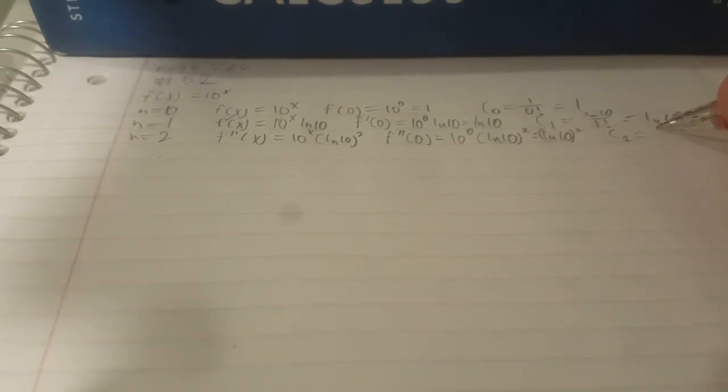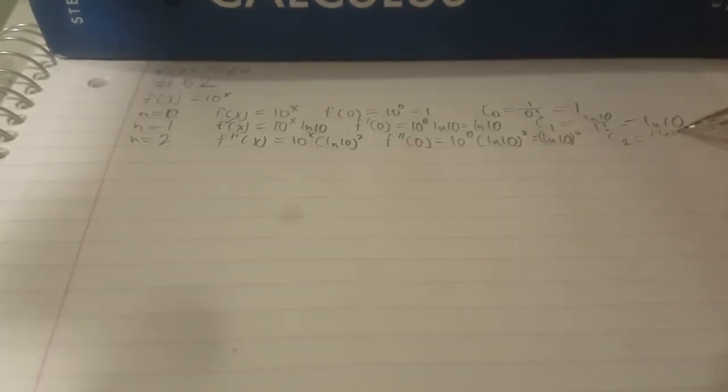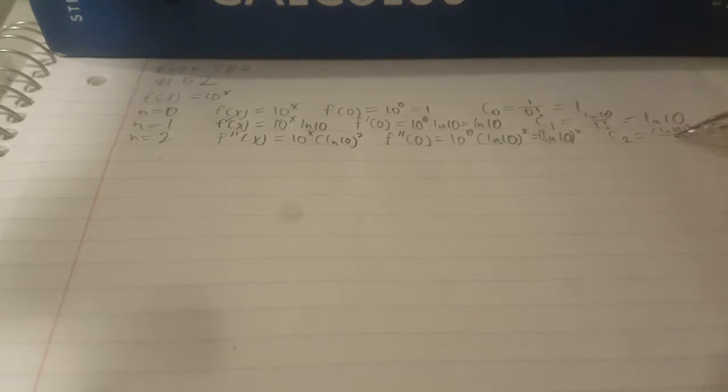C2 would then equal ln 10 squared over 2 factorial, which still only equals 2. So that equals ln 10 squared over 2.